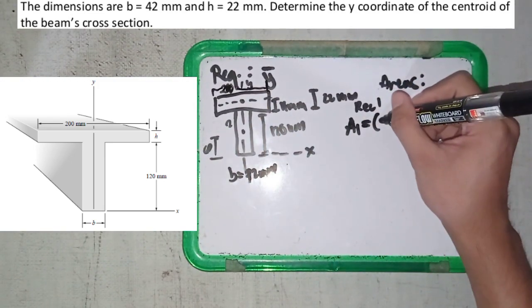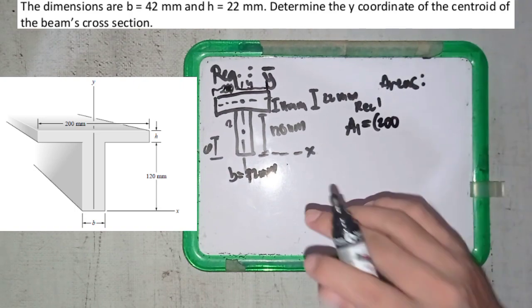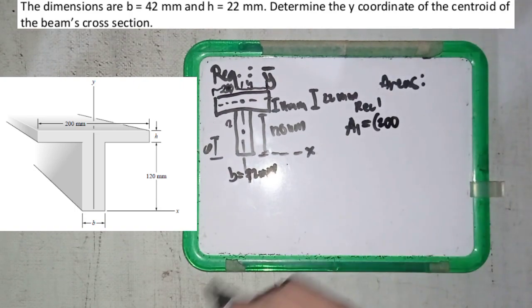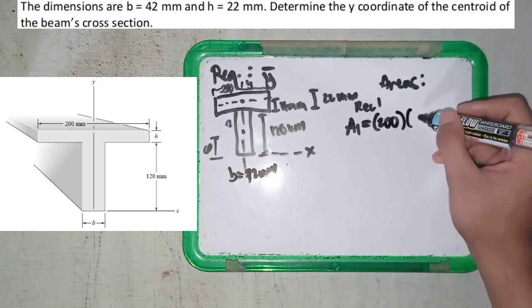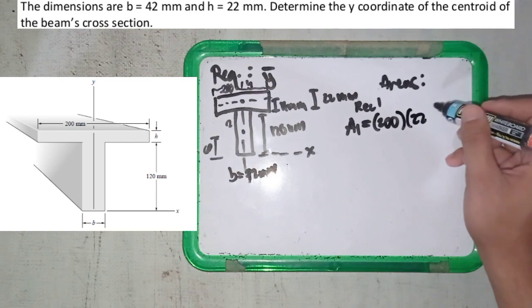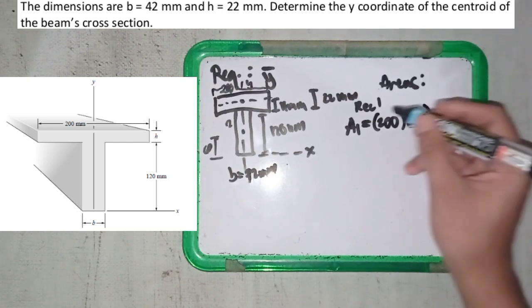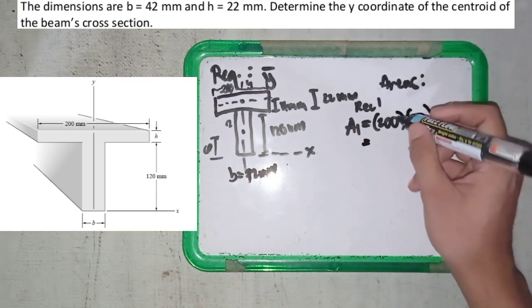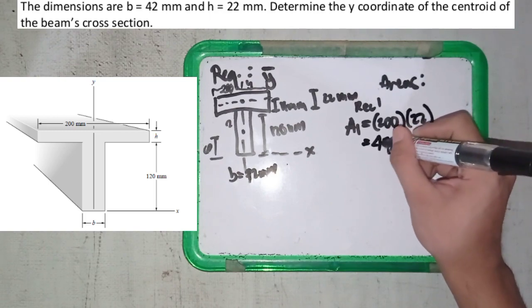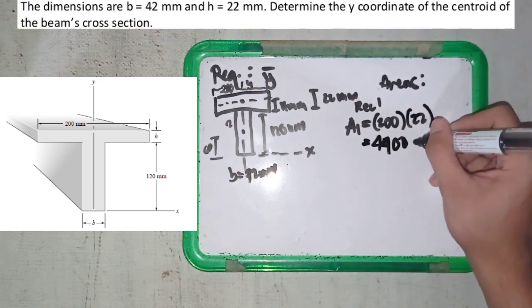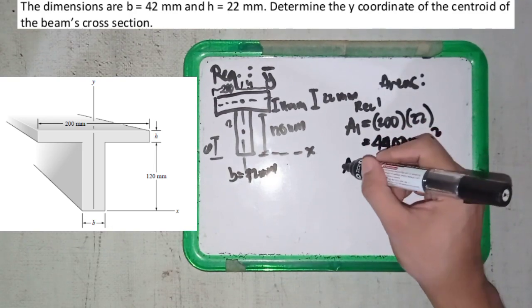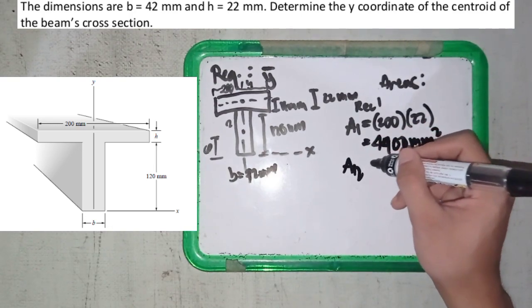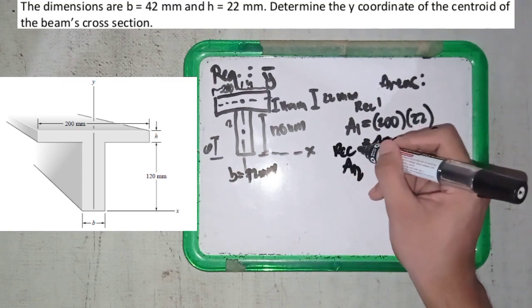We know base times height is the formula for the area of a rectangle. So base times the height of 22 millimeters, in millimeters, and what we got here is 4,400 millimeters squared. Next is the area for the second box, rectangle 2.